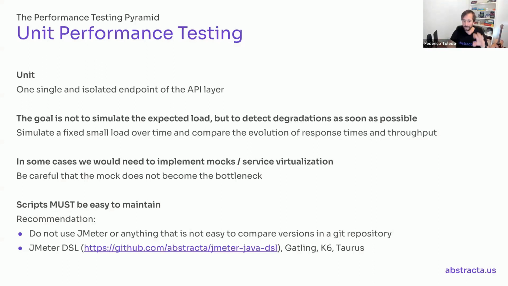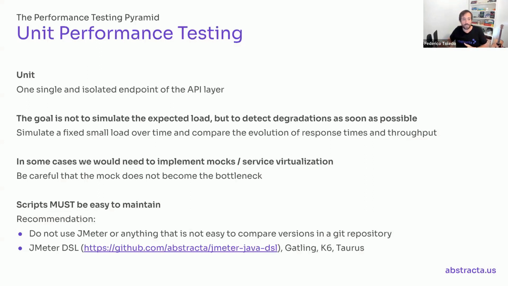So the best tools for this type of tests are the ones where you can code your scripts. For example, Gatling, K6, and Taurus. And I will strongly recommend to take a look at the JMeter Java DSL, which is a wrapper of JMeter in Java in particular that we developed, and it's open source.